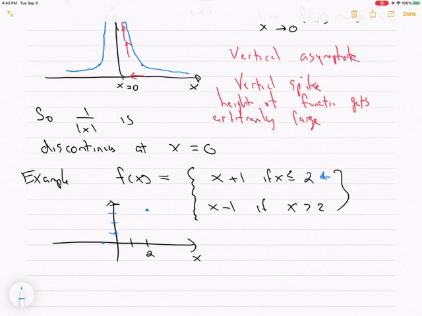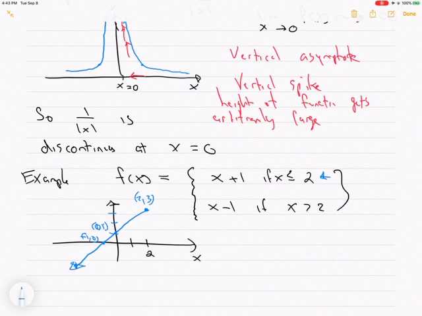It goes through some points: this is the point 2, 3, this is the point 0, 1, this is the point minus 1, 0. The line goes forever to the left, but it stops once you get to x equals 2. So if x is less than or equal to 2, you fall along that line, y equals x plus 1.